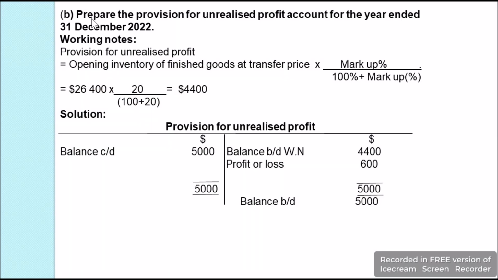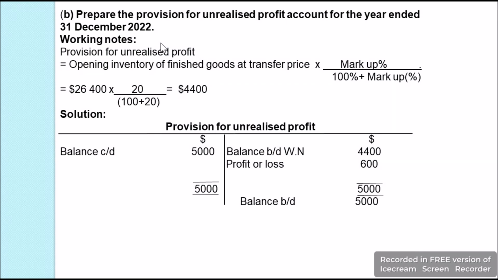In the B part of the question, we are asked to prepare the provision for unrealized profit account for the year ended 31st December 2022. You see, unrealized profit occurs when we add a factory profit to the cost of production when we transfer these goods from the manufacturing unit to the retail unit.